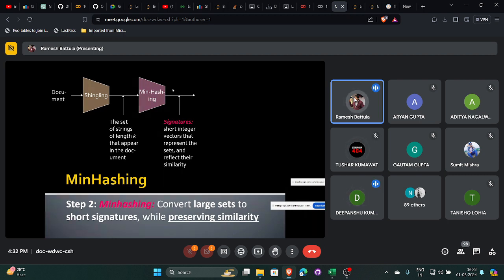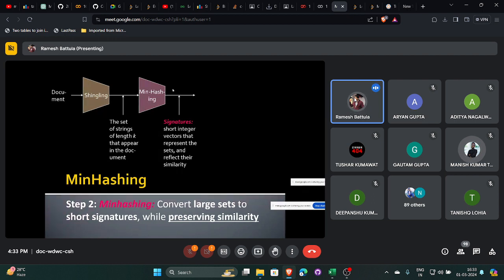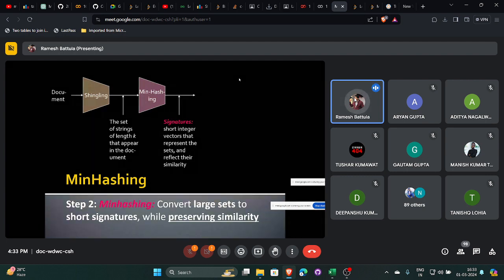Minhashing, or can I come from the shingling? Sir, you can revise shingling once, then we can start with minhashing. Okay, but it means you require complete discussion. But you said 5:15 is your time. Okay, I will go with the complete discussion, so that we'll get to know what locality sensitive hashing is with an example.